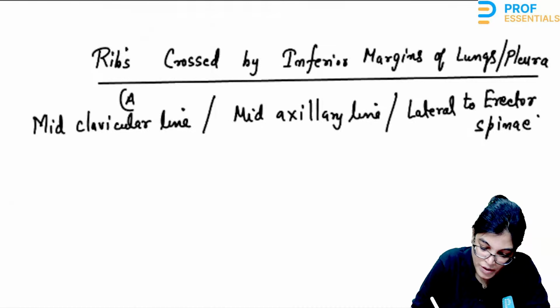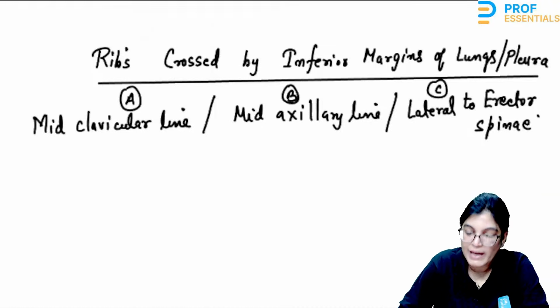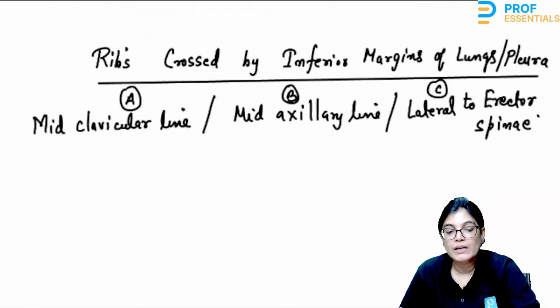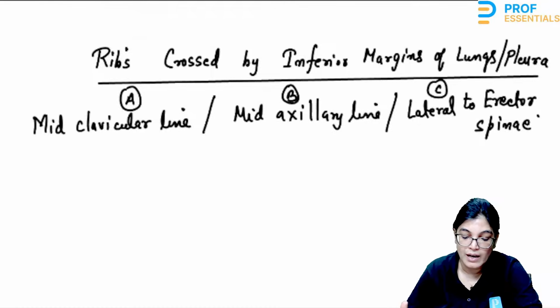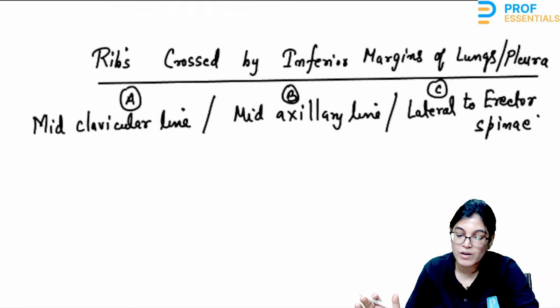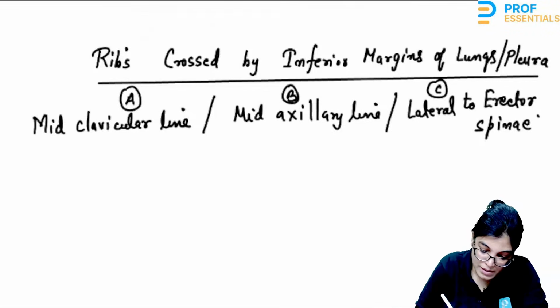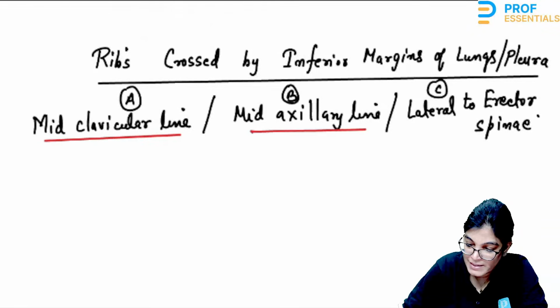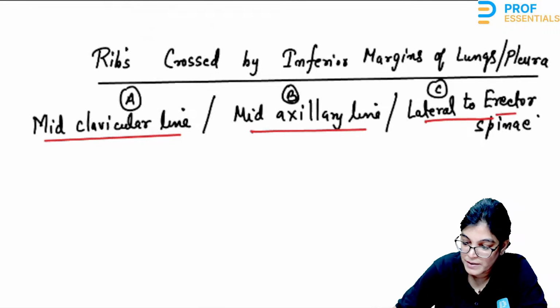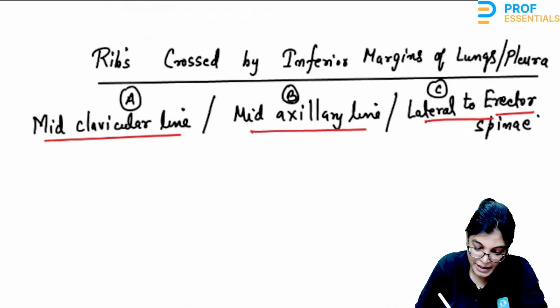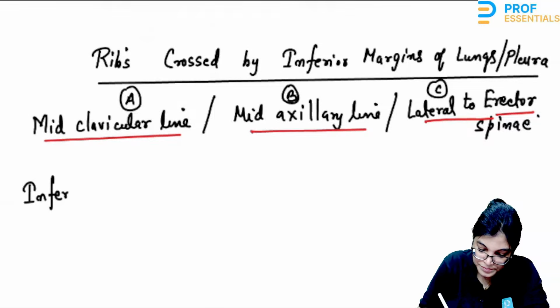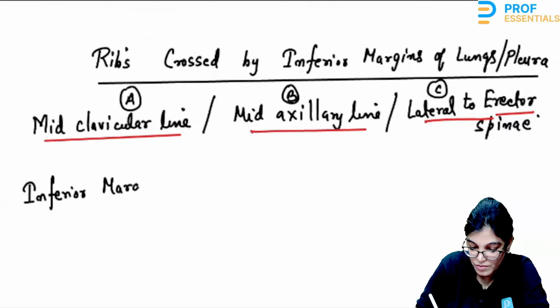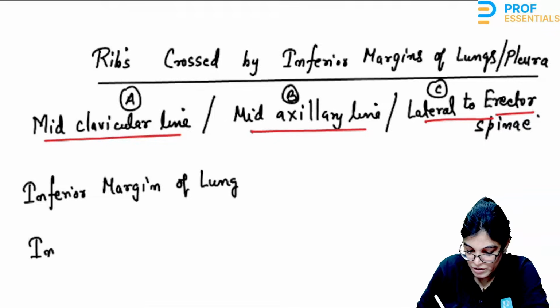So that means A point, B point, and C point. I want to compare that. As I have told you, the inferior margin of the lung is more horizontal as compared to the pleura. So here we have to know the ribs crossed by inferior margin of lung. Here 3 points are there which you have to know: in the mid clavicular line, in the mid axillary line, and lateral to erector spinae muscle. So at these 3 points, write down inferior margin of lung and inferior margin of pleura.